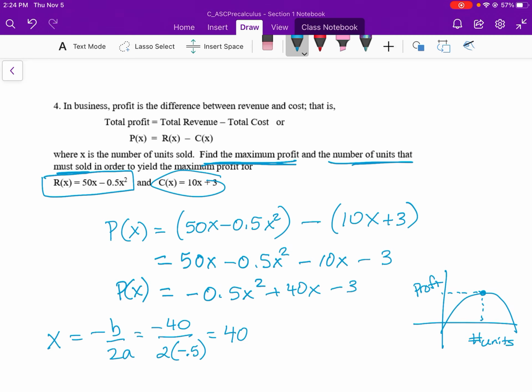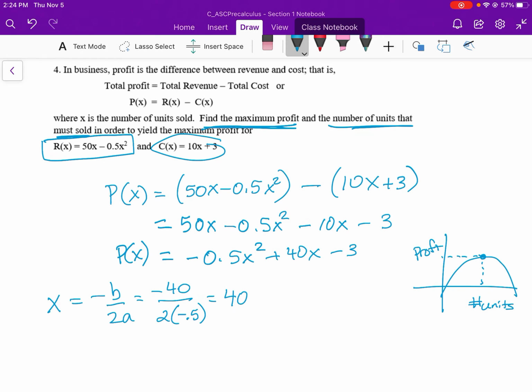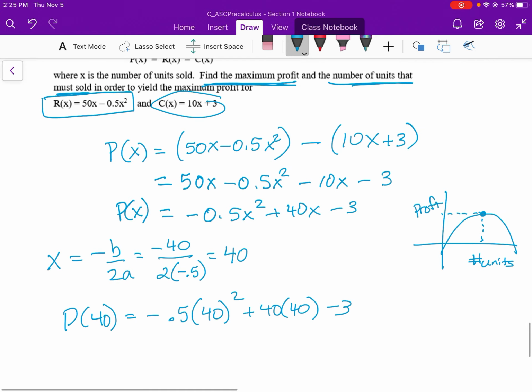So I have 40 units. And then my maximum profit is going to be P of 40, which is -0.5 times 40 squared plus 40 times 40 minus 3. So -0.5 times 40 squared plus 40 squared again, because that's 40 times 40, minus 3 gives me 797.